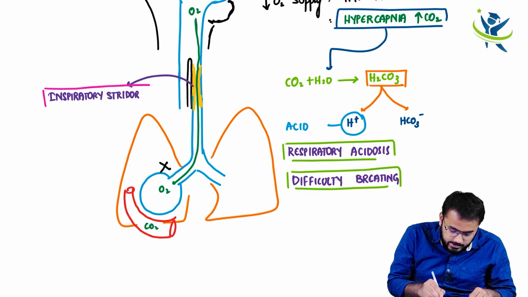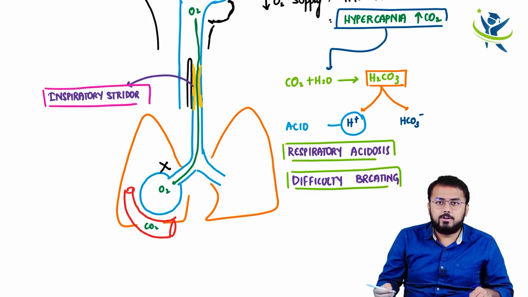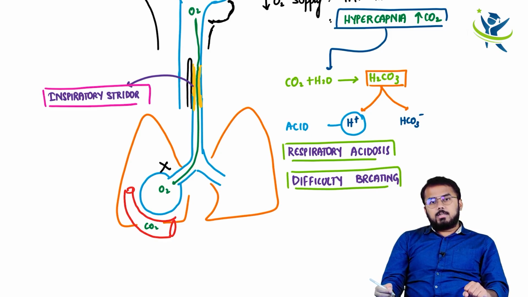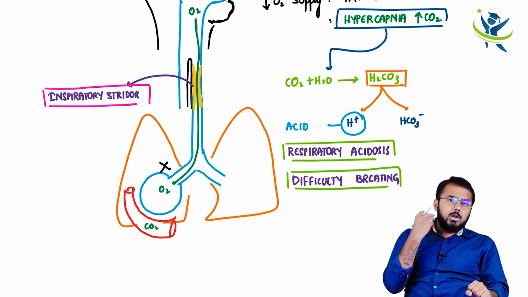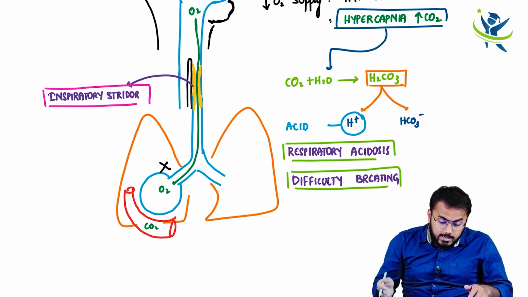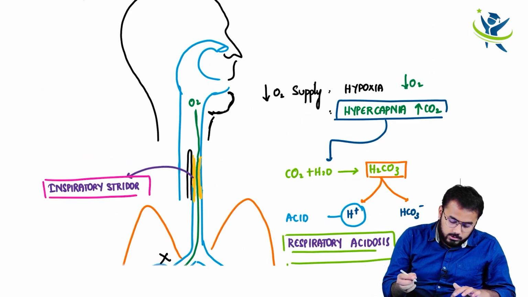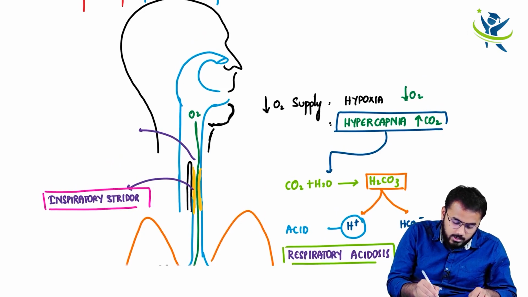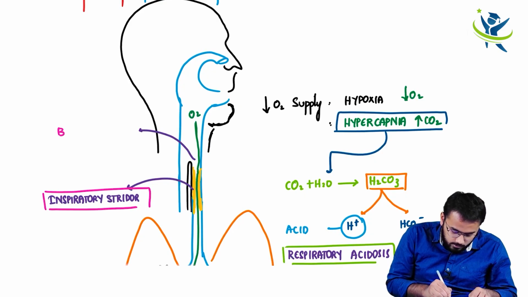Not only inspiratory stridor, guys, as the air is not patent properly, the patient will also have a typical cough that is called barking cough.